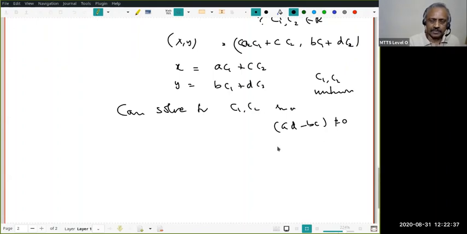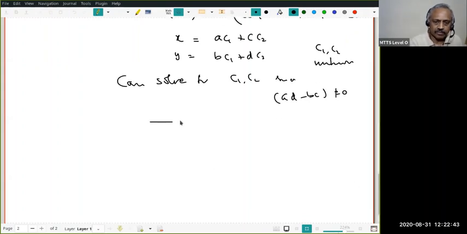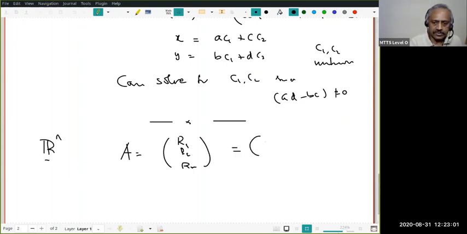Now, can I generalize this? More general thing? Yes, I can do that. So I will quickly say that. Suppose I have Rn. How do I generate a lot of bases? Again, the same thing. Take any matrix A, write it with rows R1, R2, ..., Rn, or with columns C1, C2, ..., Cn.